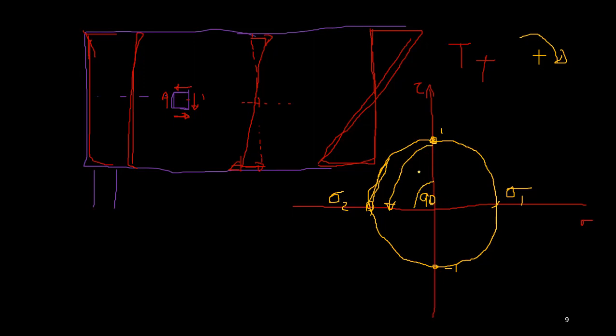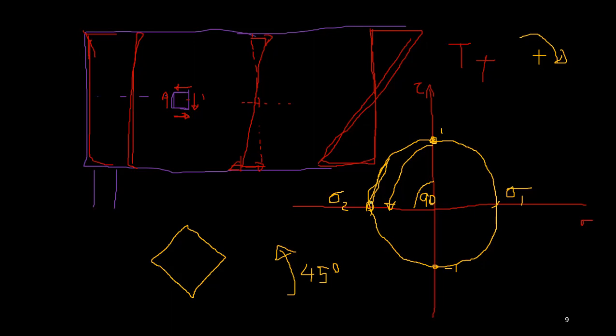But you know, the theta on the Mohr circle is twice that of the original element. So if it is 90 on the Mohr circle, it is 45 for the original element. So that means you need to rotate this element by 45 in this direction, right? So that brings you here.